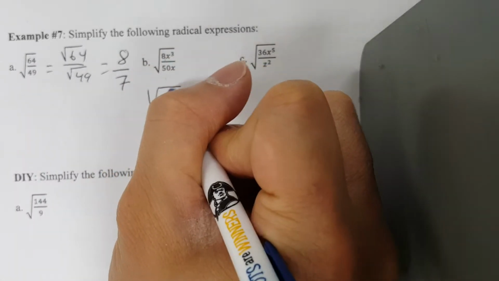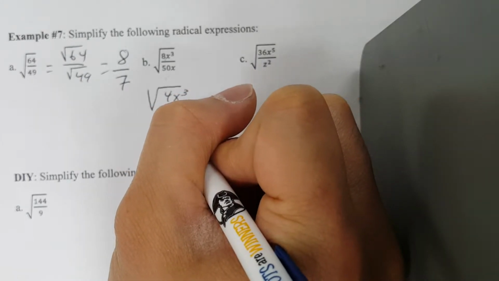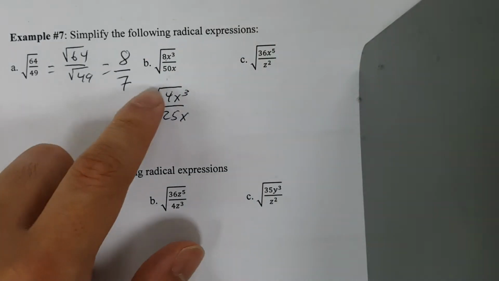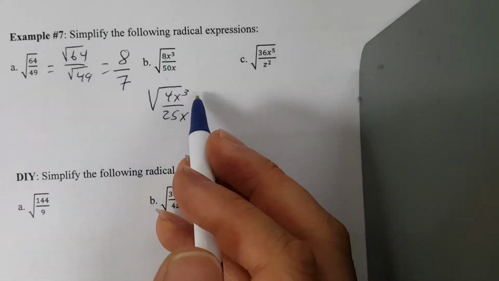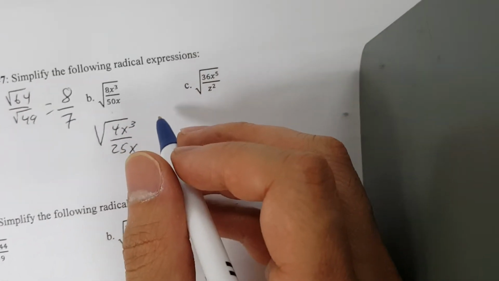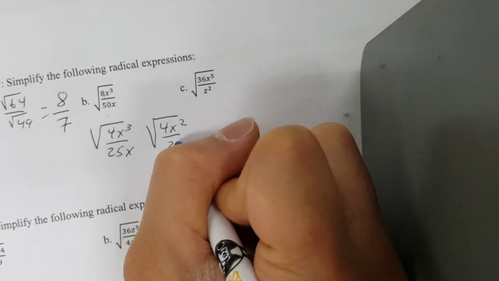So this turns into 4x to the third over 25x. Now remember, when we're dividing powers, I can just subtract the exponents. 3 minus 1 is x squared. So this is really 4x squared over 25.